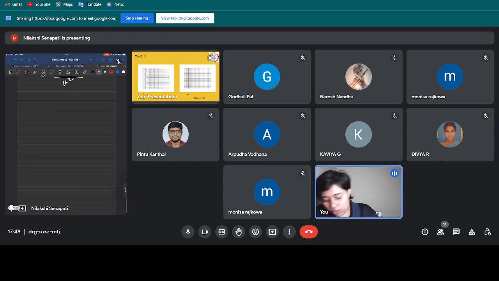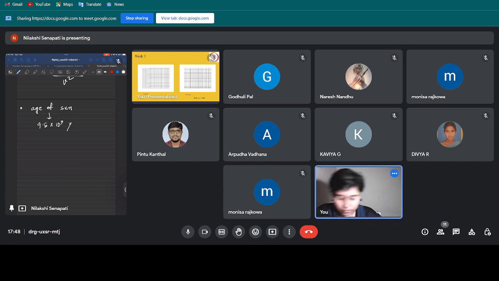Okay, now after that, what you have done in the lectures, you have calculated the age of the sun, which becomes 4.5 into 10 to the power 9 years at present.